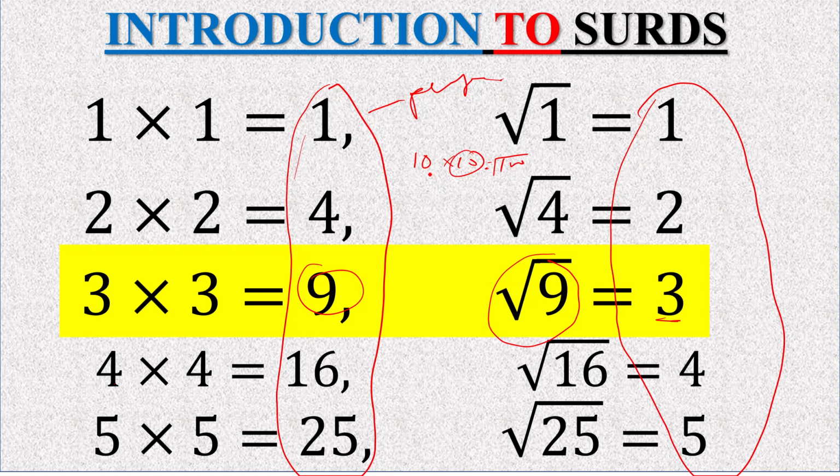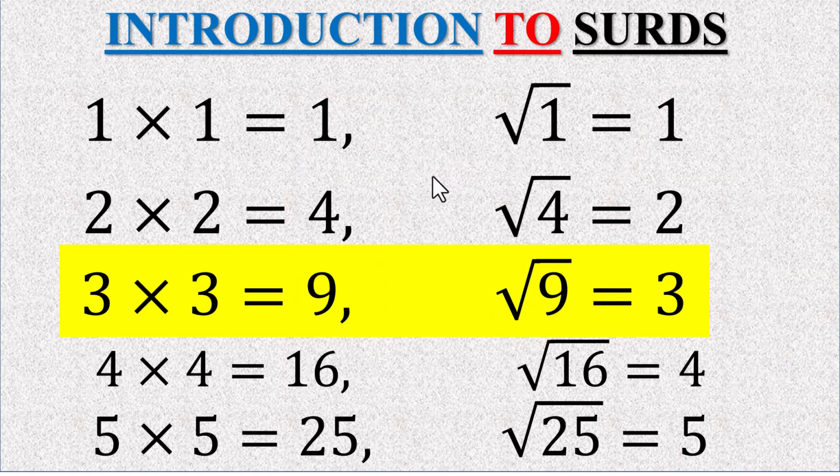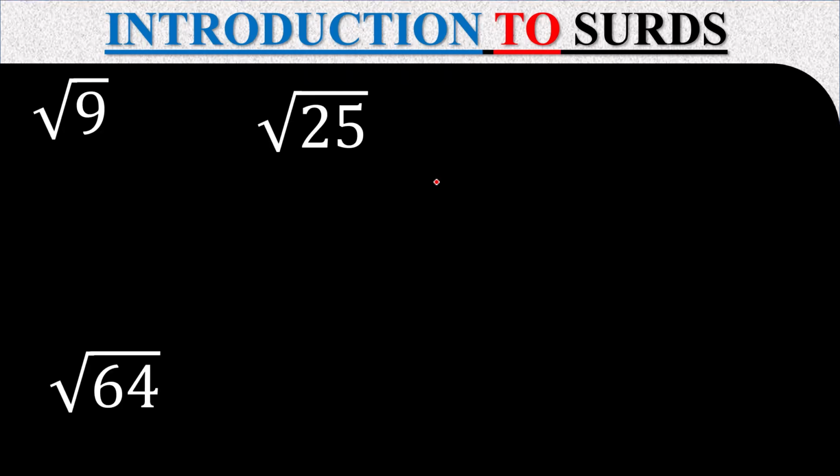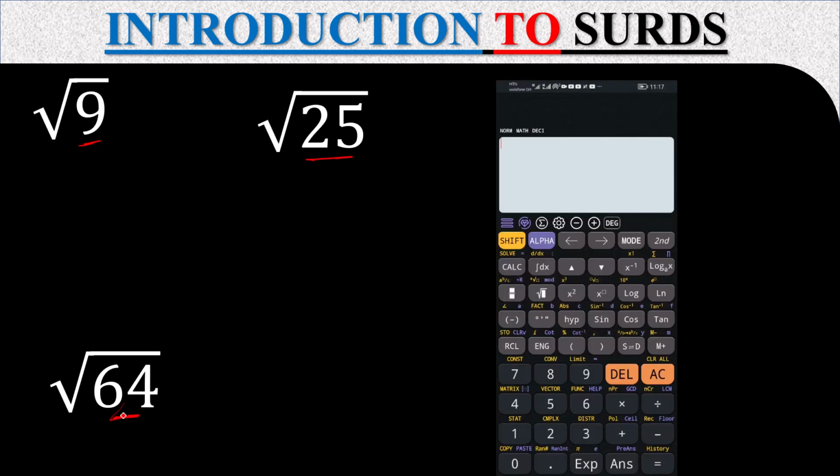Now let's look at these numbers. Pick a calculator and let's verify this. We have this, that, and this. If we take the square root of 9, it gives you 3.